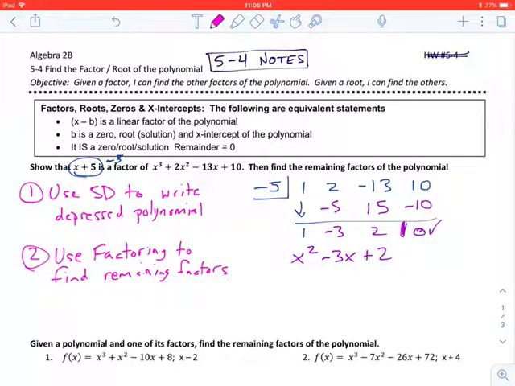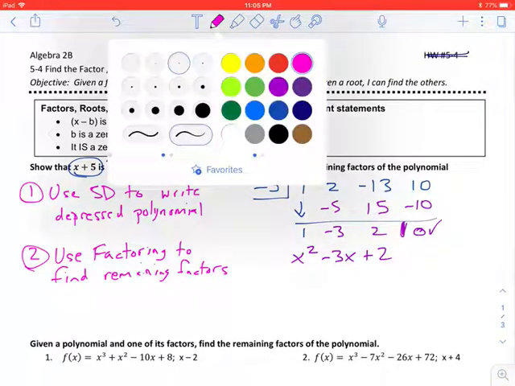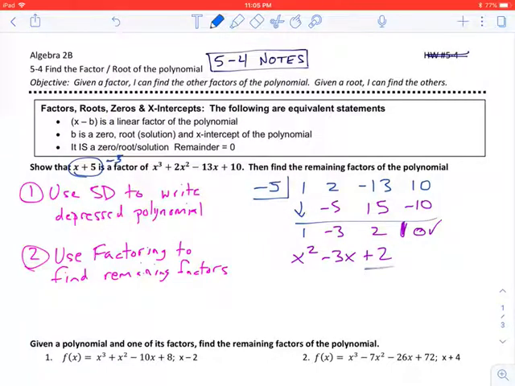Okay, so in this case, we're going to say, what two factors of +2 give me -3? And you would say 1 and 2 give me 3, but since it's negative, I need -1 and -2. So that's going to give me x minus 1 and x minus 2.